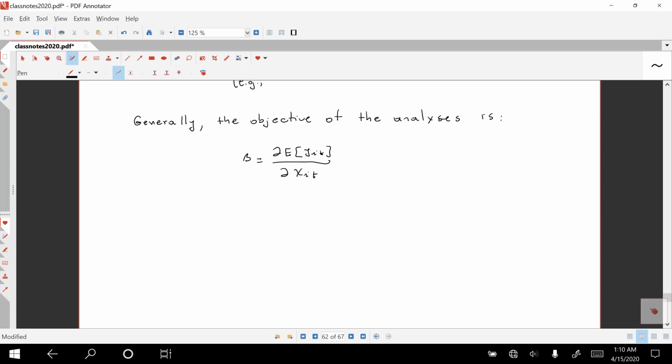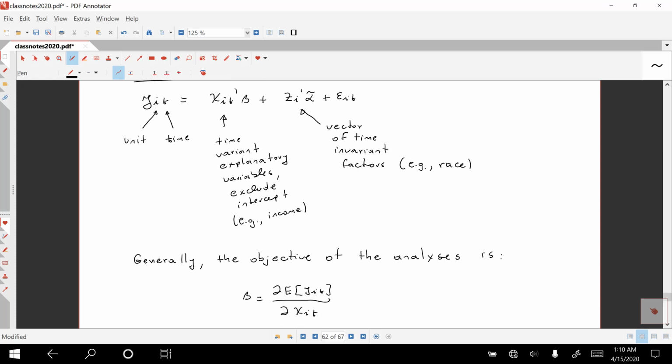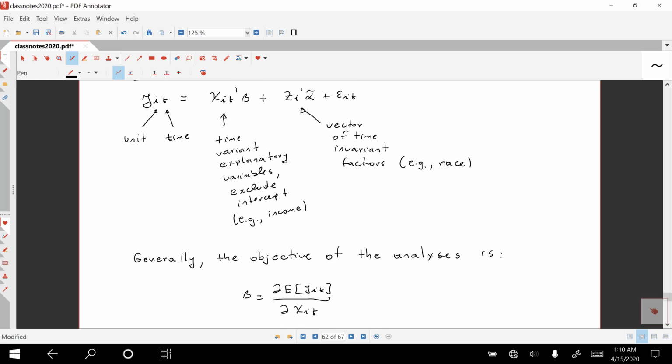That tends to be the focus of the analysis. Only once in a while are we interested in the effect of time invariant factors, but it's possible. But most of the time, our interest is the effect of these time variant explanatory variables, and that's going to be the focus of our analysis and of the presentation of the methods, procedures and equations.